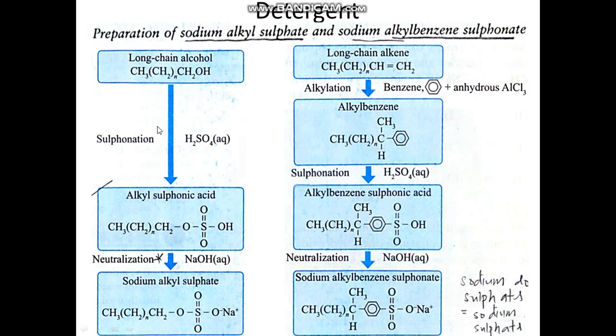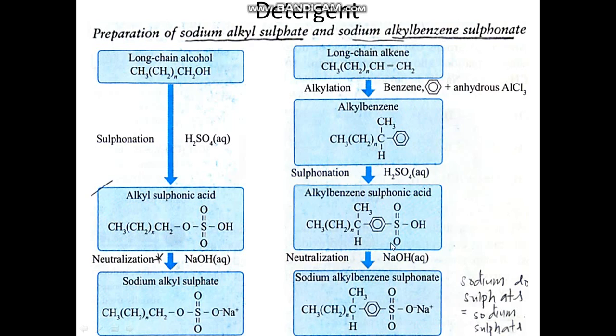And after the sulfonation, from alcohol it now becomes acid. When acid reacts with alkali, which is sodium hydroxide, this reaction is known as neutralization. And finally, detergent is produced successfully.